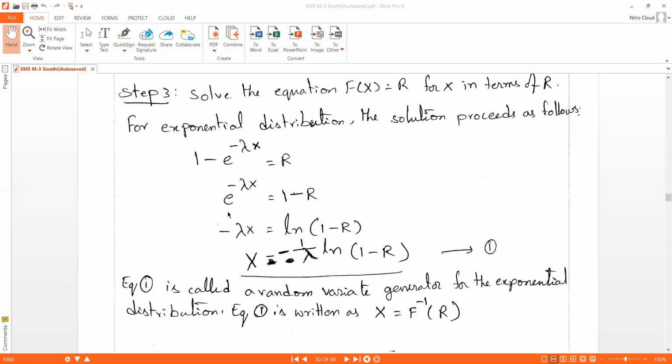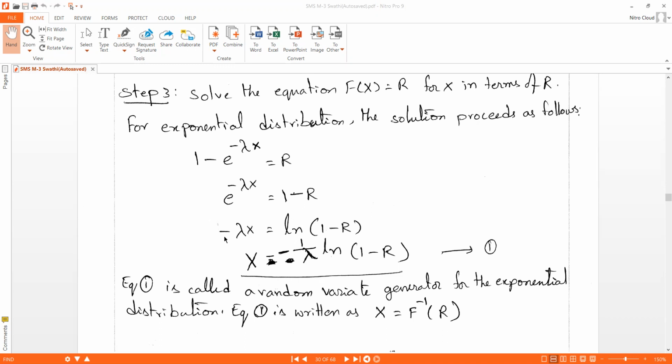Now here it is exponential. If you send it to this side, it becomes logarithm. So minus lambda x is equal to ln of 1 minus r. Here lambda is multiplying x.